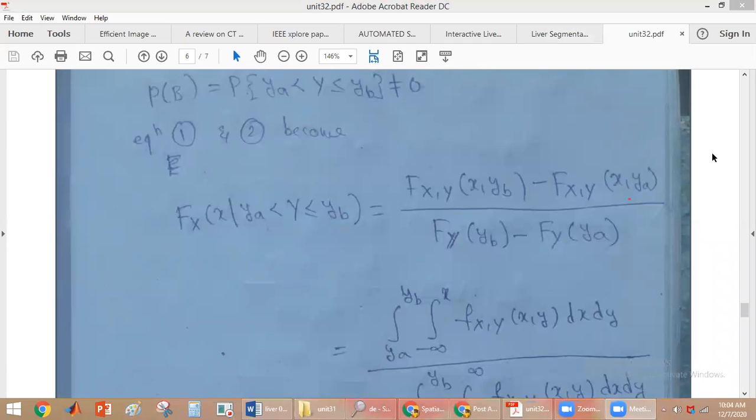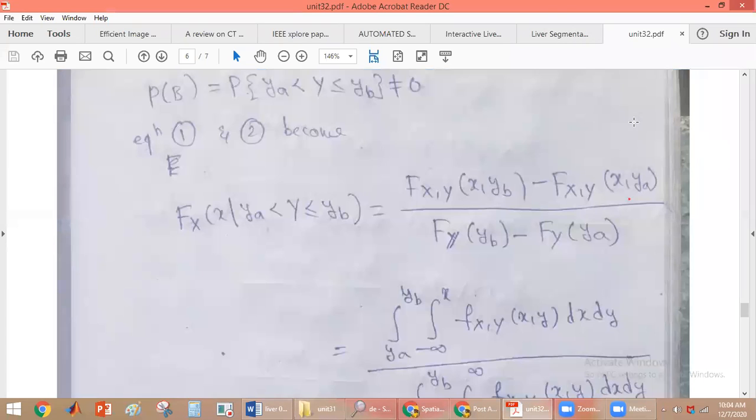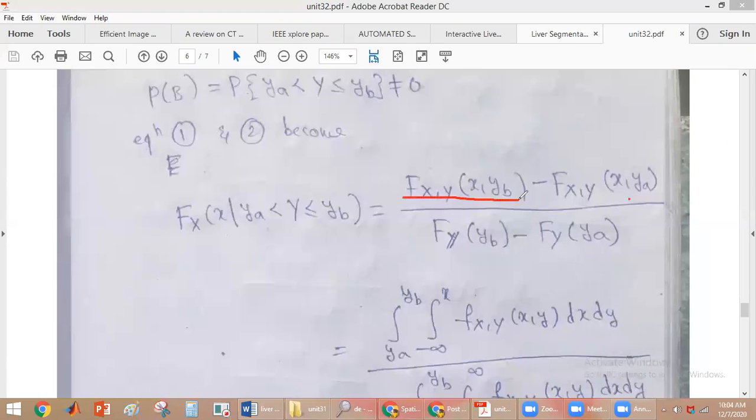So we define this as the joint distribution function at upper limit x comma yb minus Fxy of x comma ya. And what do we get in the denominator? We get Fy of yb, because we will be getting the probability of Y between ya and yb, that is ya less than or equal to Y less than or equal to yb. So what formula do we get?